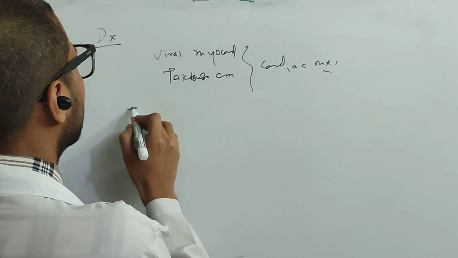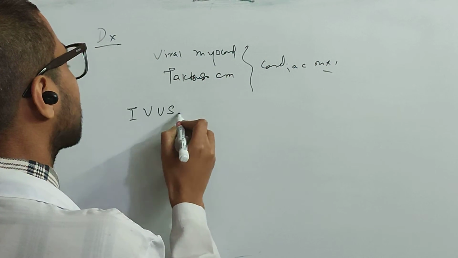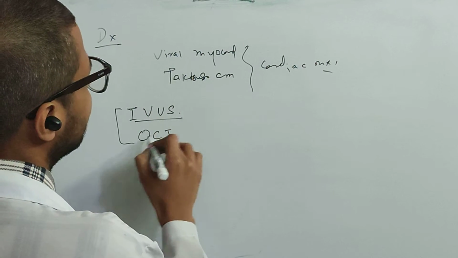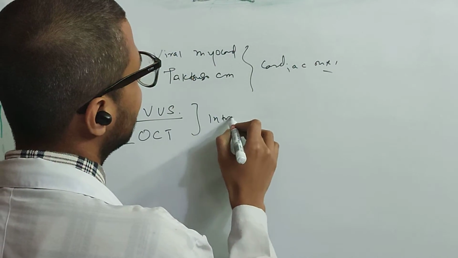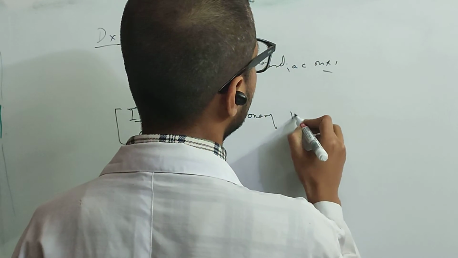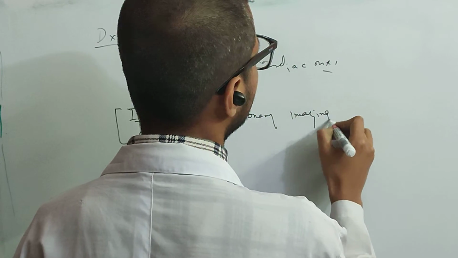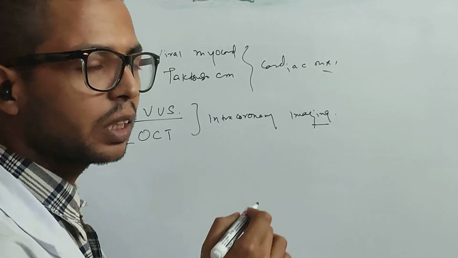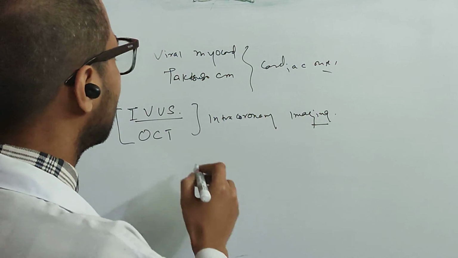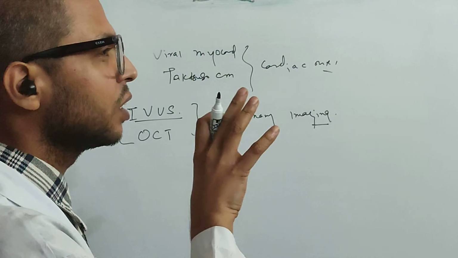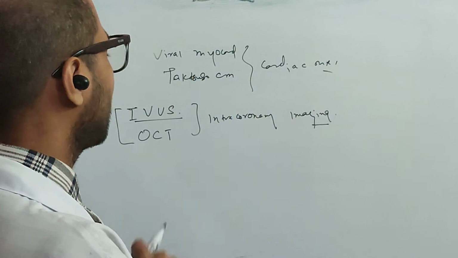And I already told you about IVUS, which is intravascular ultrasonography, and OCT. These are intracoronary imaging modalities to interrogate the coronary lumen. For example, for spontaneous coronary artery dissections, or for plaque rupture and erosions, they will identify these better.